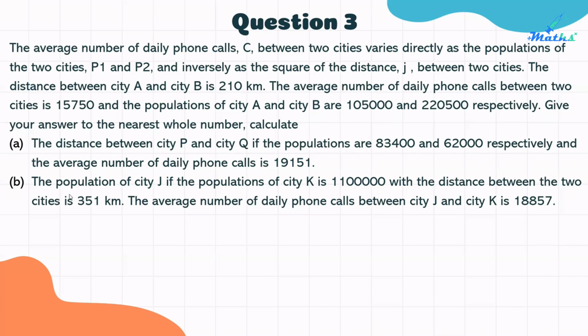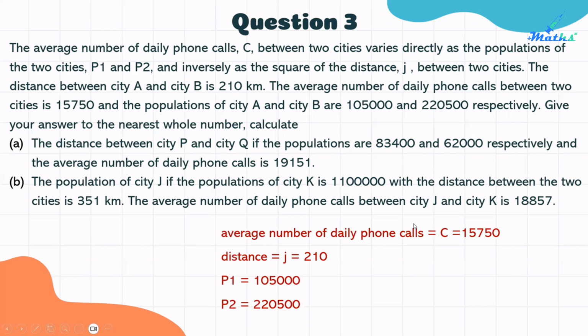Okay, question B. The population of city J if the population of city K is 1,100,000 with the distance between the two cities 351 km. The average number of daily phone calls between city J and city K is 18,857.